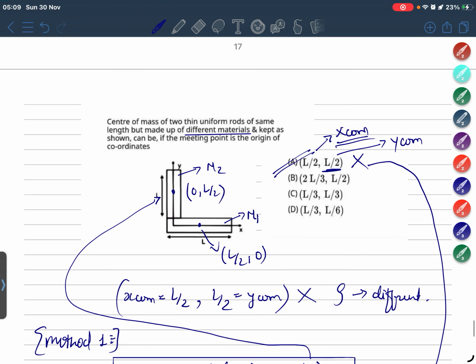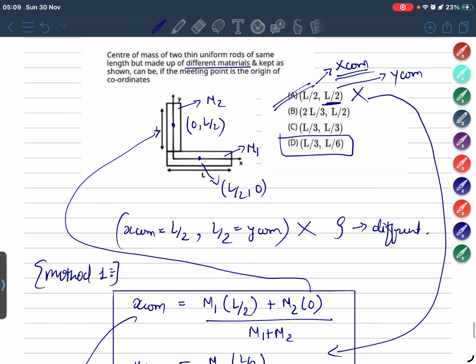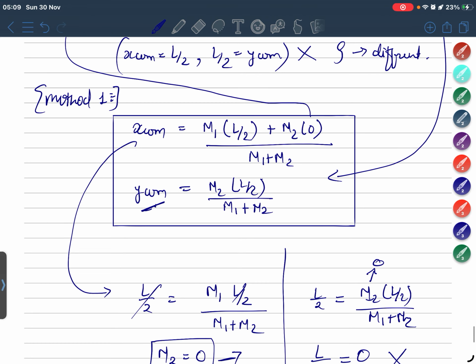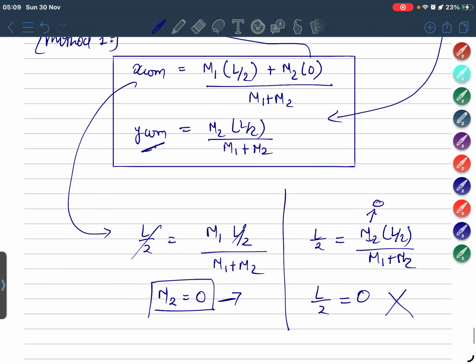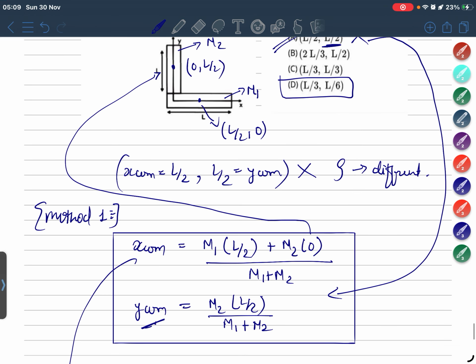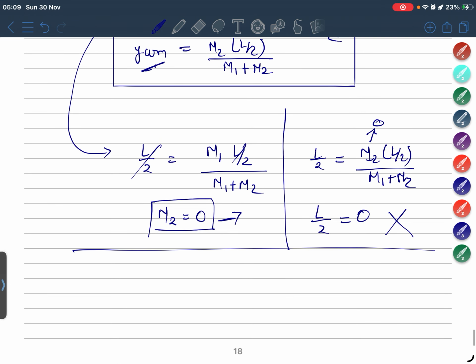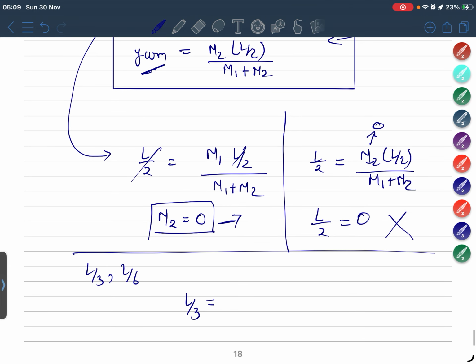As I know, the answer for this question is D, L by 3 comma L by 6. I am just showing you by putting this option in these two equations. So option D is L by 3 comma L by 6. In place of XCM I am putting L by 3. So L by 3 should equal M1 L by 2 divided by M1 plus M2.